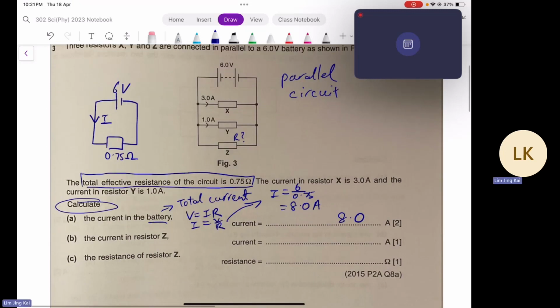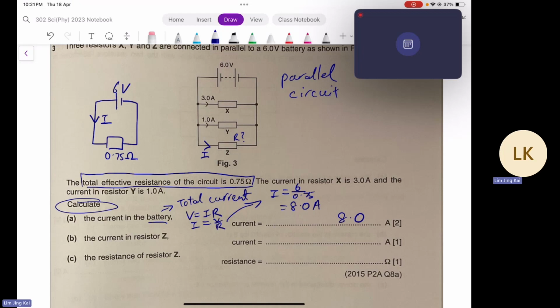For part B, find the current in resistor Z. So how do we approach this question? Remember, at the start we mentioned one of the properties of the parallel circuit is that the sum of the current in each of the branches will give us the total current of the circuit.